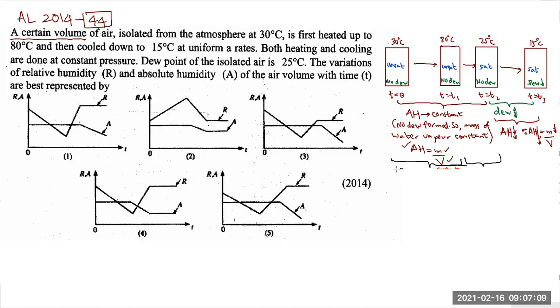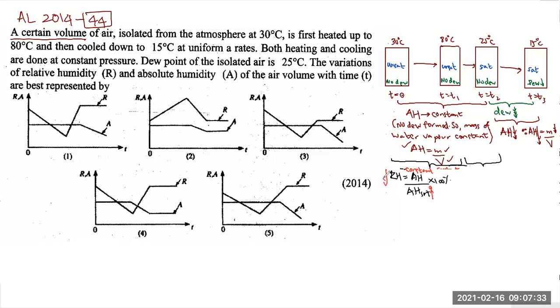So from time equal to 0 to time equal to T1, what can we say about RH? RH is equal to absolute humidity over absolute humidity of saturated vapor, into 100. Like I said earlier, absolute humidity is constant because no dew is formed. But absolute humidity of saturated vapor, for this time period, is going to increase.